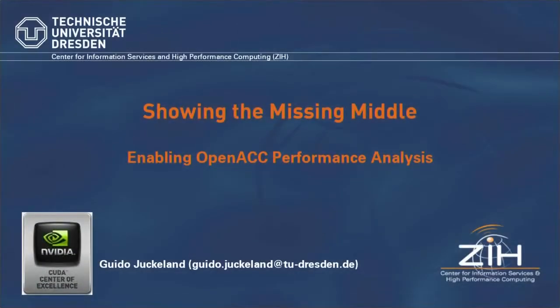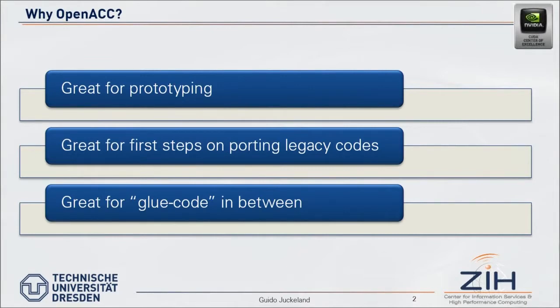To broaden this a bit, why are you using OpenACC? You're either prototyping something, you have this idea, and you don't want to go through all the hassles of using CUDA. You just want to write it down real quick.